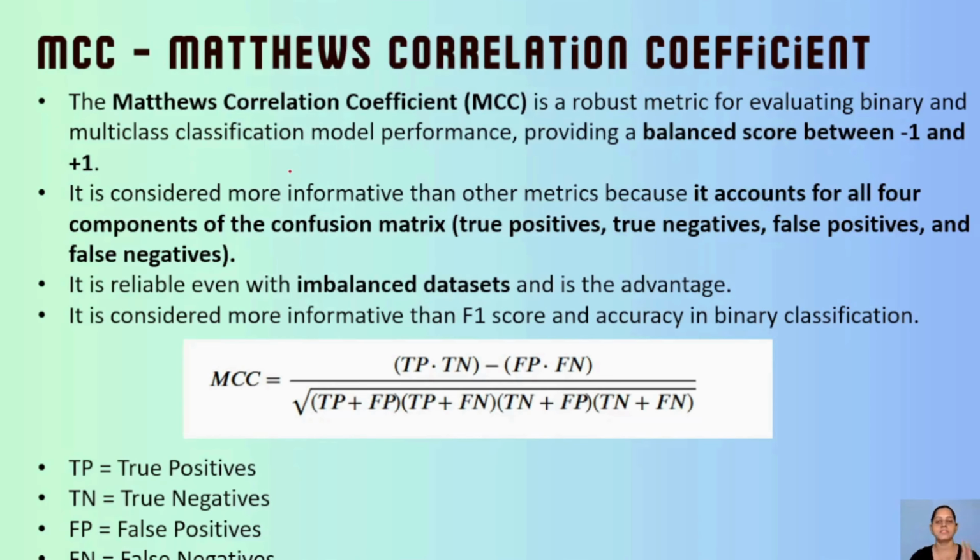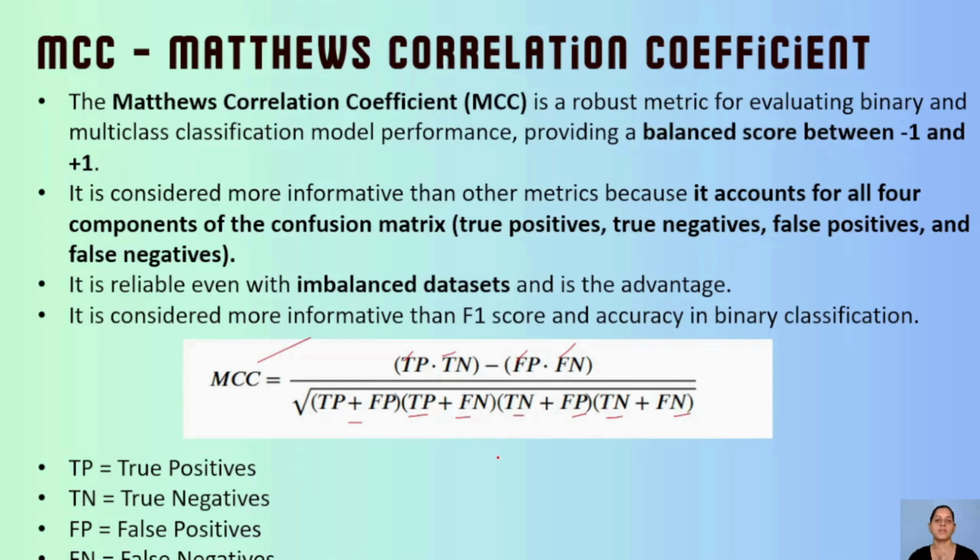And it is considered much more informative than F1 score and accuracy in case of binary classification, because of this formula. This is how the formula looks: true positive times true negative minus false positive times false negative, divided by the square root of (true positive plus false positive) times (true positive plus false negative) times (true negative plus false positive) times (true negative plus false negative).